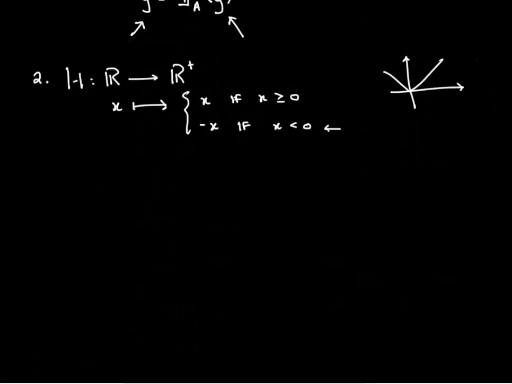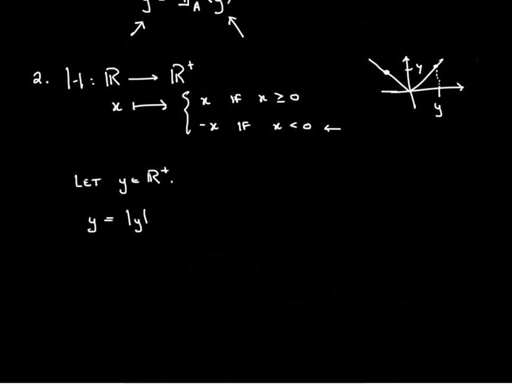It is a surjection because we can start with an arbitrary element y in our codomain, which is a non-negative real number, and we can find a preimage of y. Okay, we can write y as being equal to the absolute value of y. An element y right here has a preimage, which is y, but it also has a preimage on the other side right here, which is minus y.